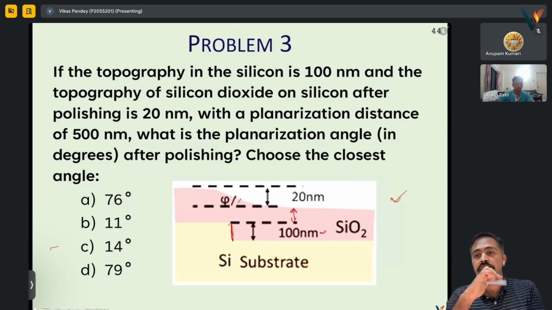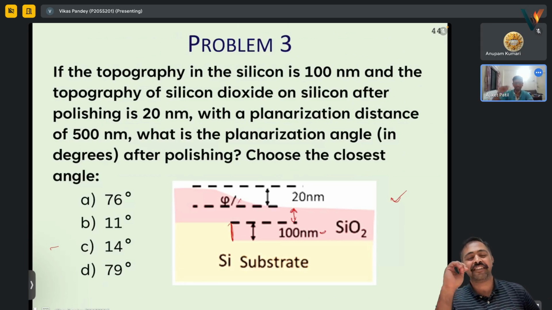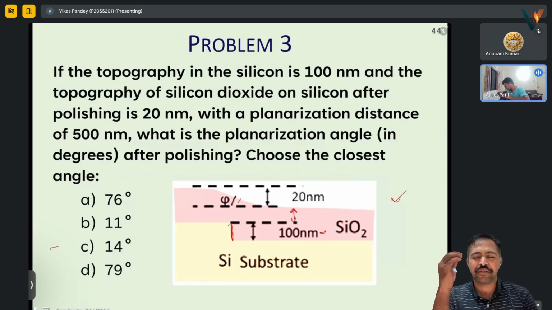So for good planarization, we take 80 divided by 500, and calculate that theta, so tan inverse of 80 upon 500. Let me do the calculation. It is simply the lowest value that we get.